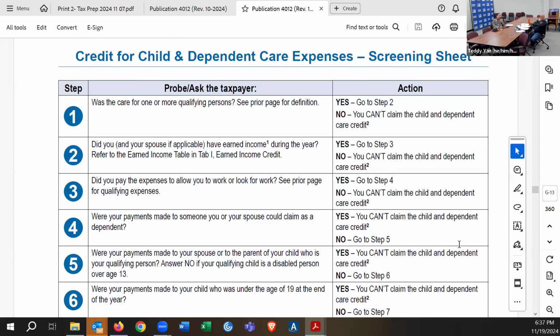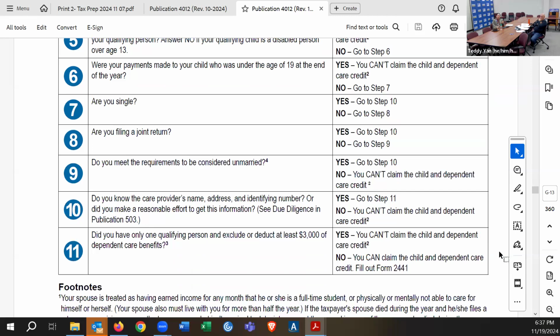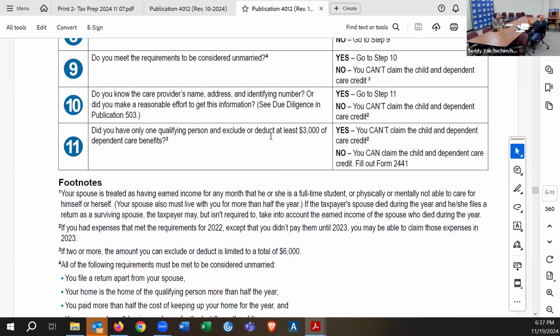And then there's a whole screening sheet of very technical questions that you can ask in order to determine whether someone can or cannot claim someone for child and dependent care credits. There is a limitation. You can claim up to $3,000 of dependent care benefits for each qualifying person.